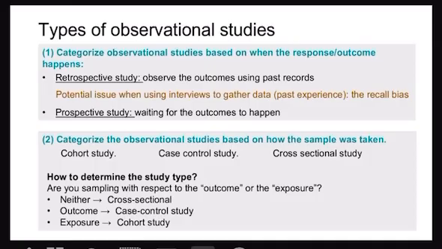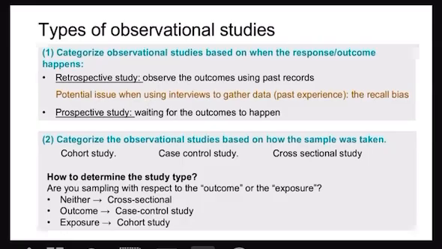Now I need you to take a look at number one that I call categorize observational study based on when the response happen. When the response happen is when the outcome happen. So what outcome do we want? In clinical study, it may be outcome that has to do with development of disease. That's an outcome, depending on what the researcher is looking for.